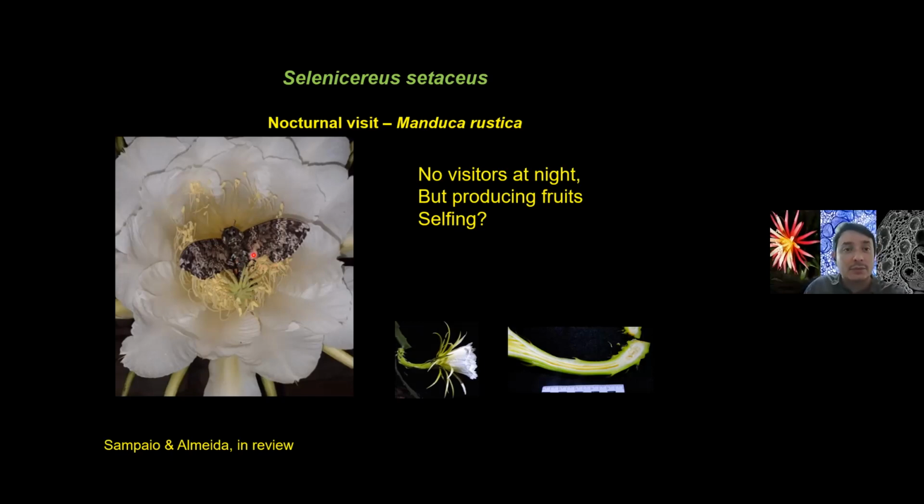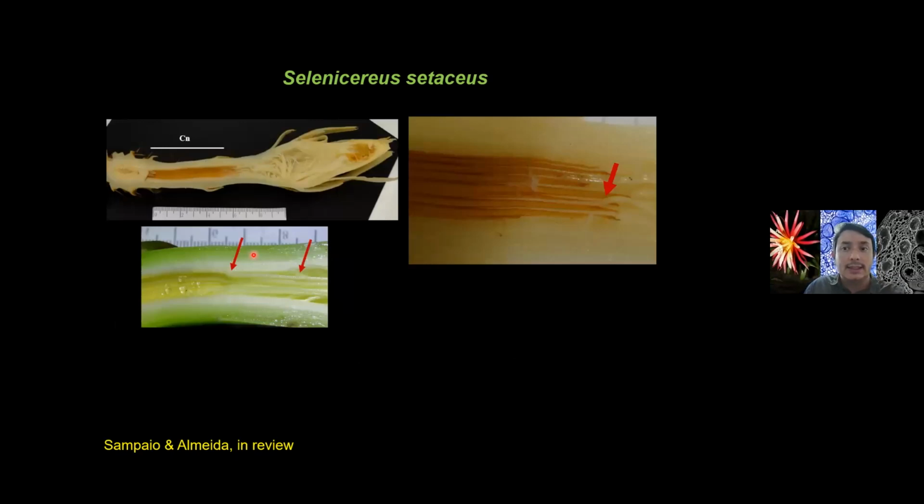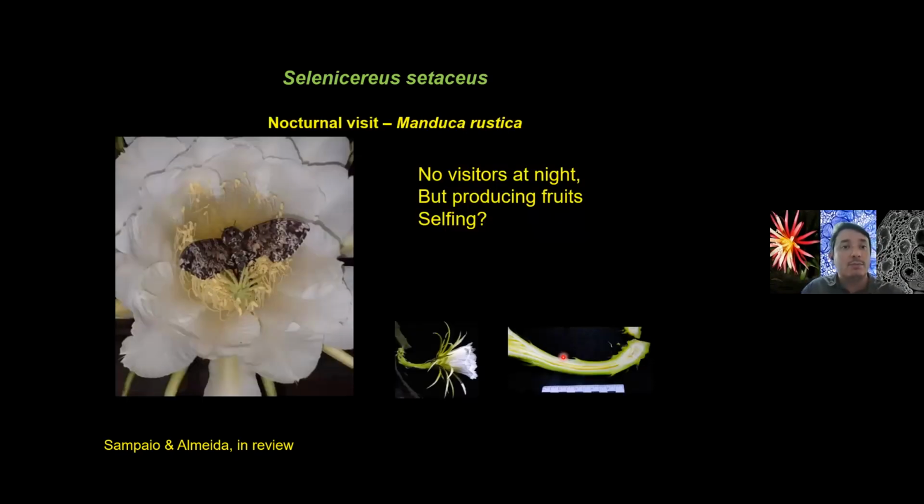But in three years of observation by my PhD student, he was able to see only one single visit of a sphinx. And this flower has a huge amount of resource, millions of pollen grains, and lots of nectar is produced, but no nocturnal visitors in that region.